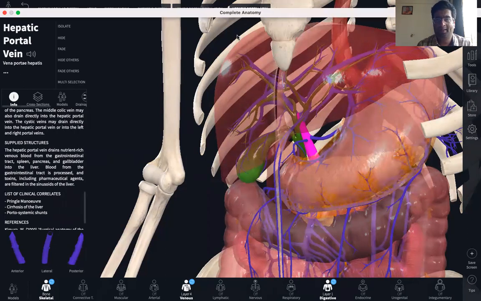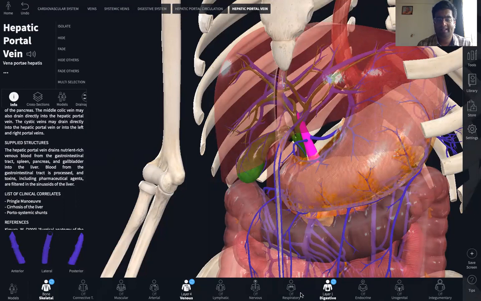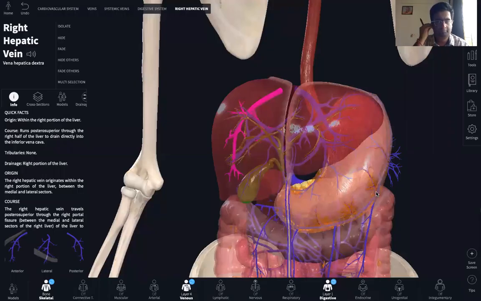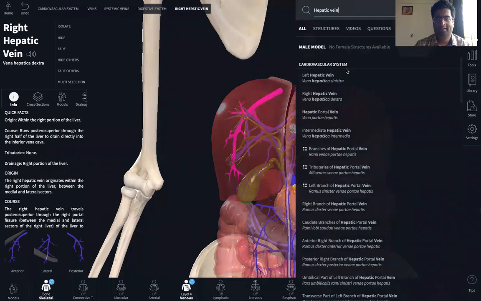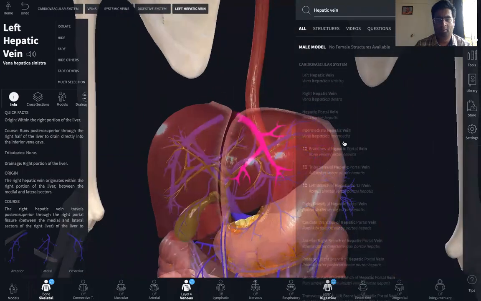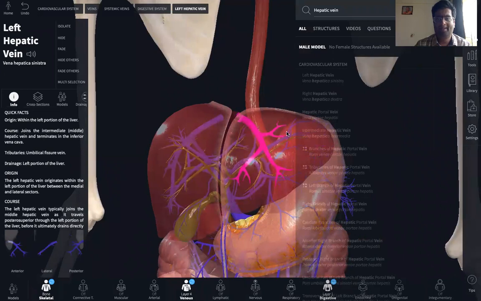The next structure I'll be highlighting is the hepatic vein. What you see on your screen right now is the right hepatic vein. And next I'll display the left hepatic vein. These two hepatic veins will then join and drain the blood from the liver into the inferior vena cava.